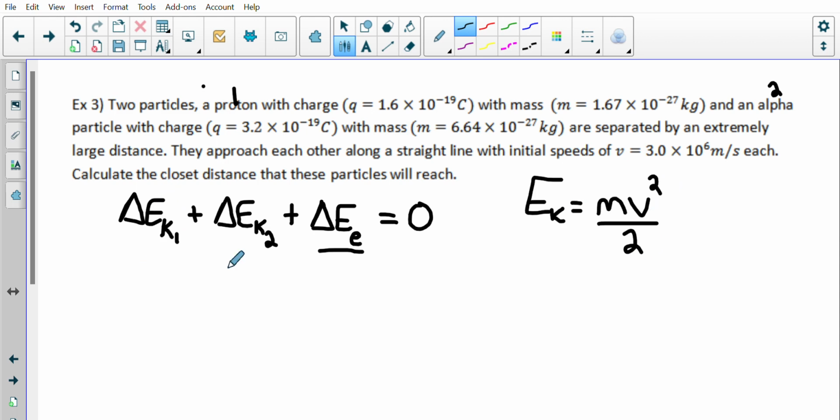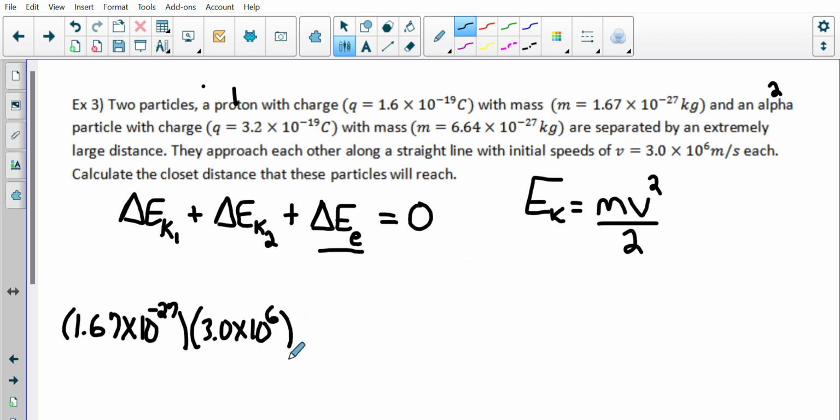For our first kinetic energy, we have a mass of our first particle, which is 1.67 times 10 to the power of negative 27. Its initial velocity, they're both at the same speed here of 3.0 times 10 to the power of 6. But again, with this formula, you got to square it. Now then, divided by 2, can't forget that.